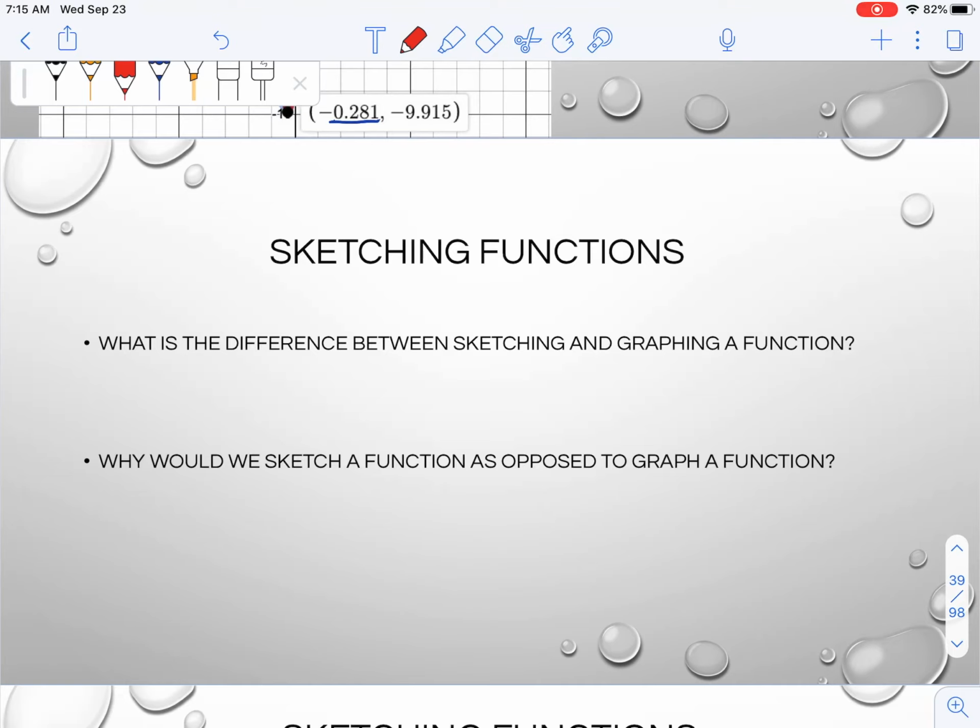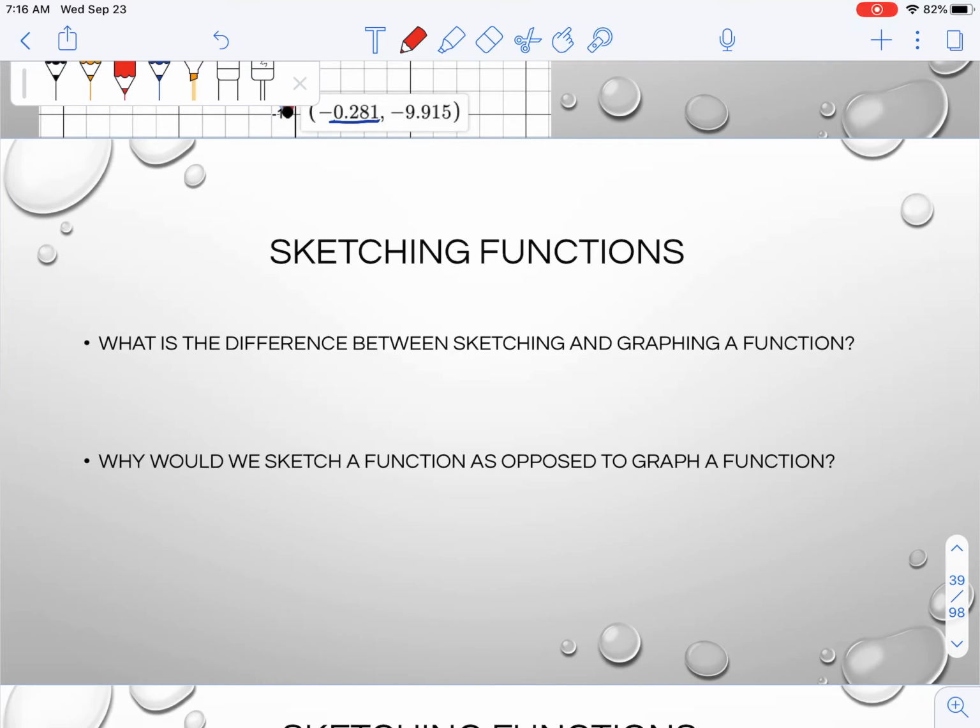I'm looking for precision with multiple points plotted. So if I'm asking for something to be graphed, I'm looking for multiple points in their exact locations. If I'm asking for a sketch, I'm probably looking for just the vertex or the locator point in its exact position, and the rest of the points just generalized, giving a good rough shape of that graph.